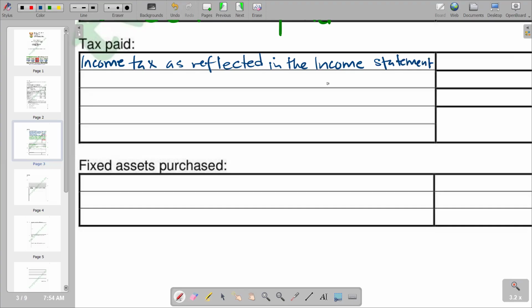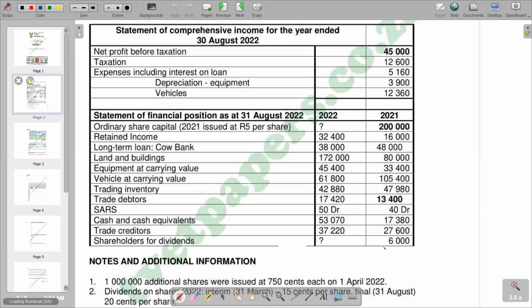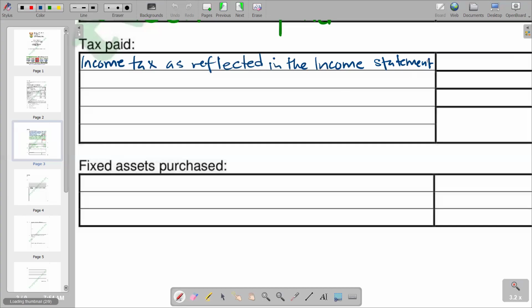From there we can go and check the income tax for the year reflected in the income statement. We see that the income tax that we have is 12,600. So this is the income tax for the year. We put it here as a positive figure.